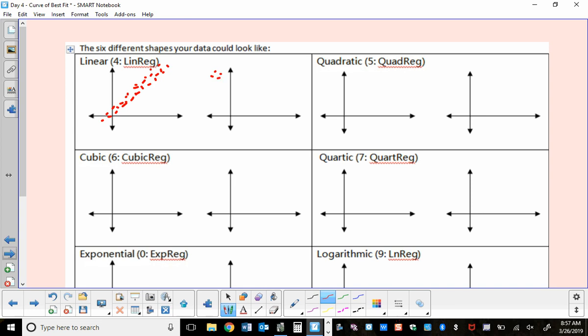That will be for a positive set of data. And this would be for a negative set of data. It doesn't matter how many dots you use, as long as you're showing that if we were to draw a straight line through that, you would see that it would be linear. Linear is also x to the first power. That is important. You need to know what you're looking for.